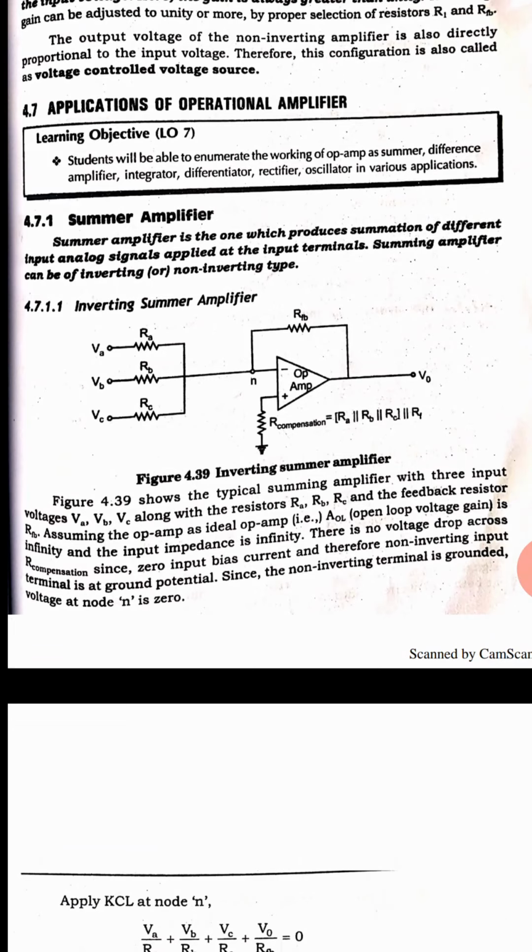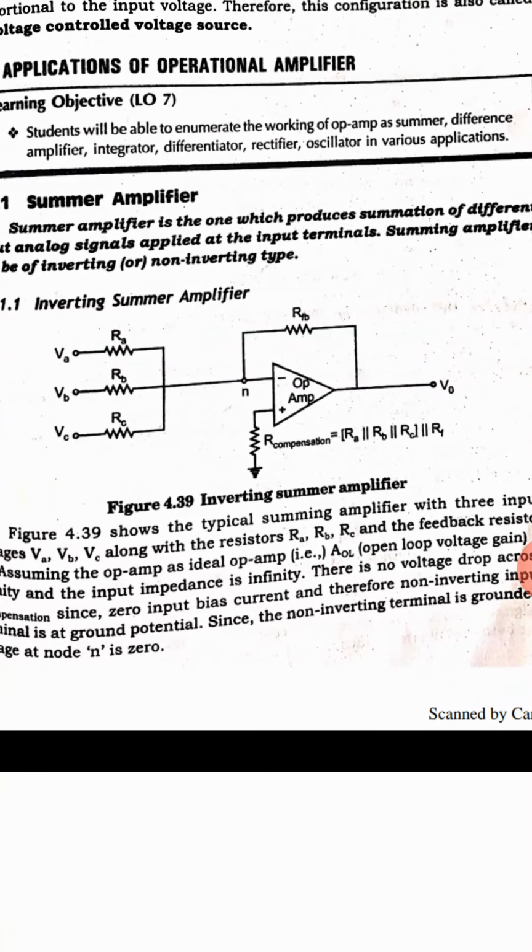Since I am giving the input in the inverting configuration, the output V0 will be negative. With the selection of RA, RB, RC and RFB, we can make V0 equal to minus of VA plus VB plus VC. Otherwise, V0 is equal to 1 by 3 of VA plus VB plus VC. That depends upon our selection of the resistances, and also on our design.